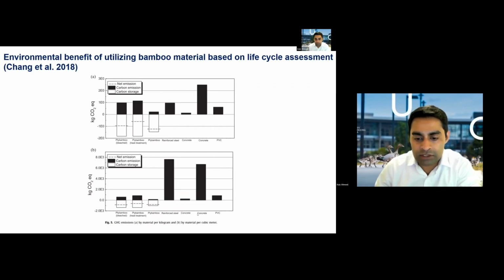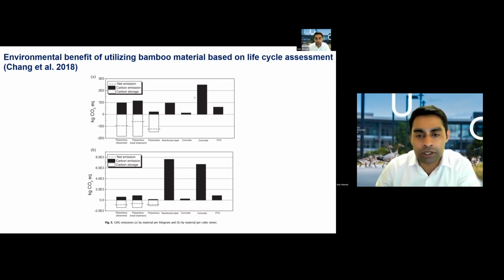It compares against concrete, steel, and others. Although for some part of concrete, it seems to show very low carbon dioxide emission, which I do not agree with. I will need to check why that happens. But you can actually say carbon storage wise, bleached and heat treated ply bamboo are negative.